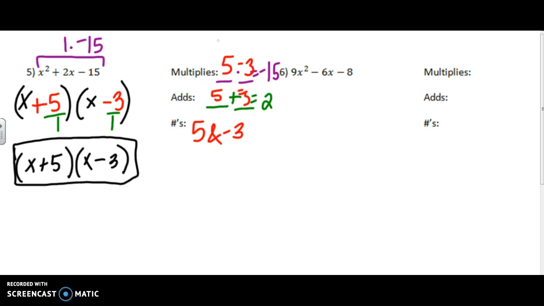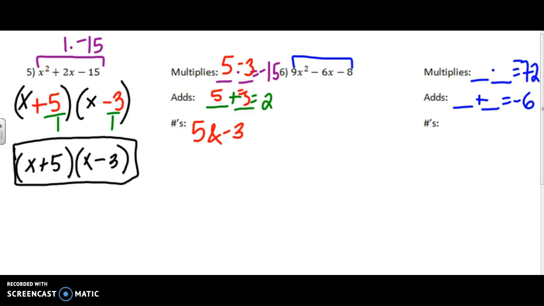So on this one, we're going to do our multiplication with our 9 times -8. And that gives us -72. And then our adding number is going to be -6. Now, this one seems to get a lot of people because -72 is a big number that has lots of factors.